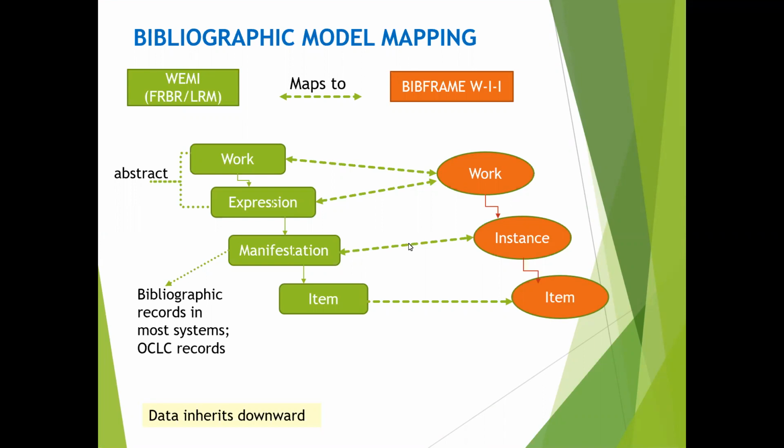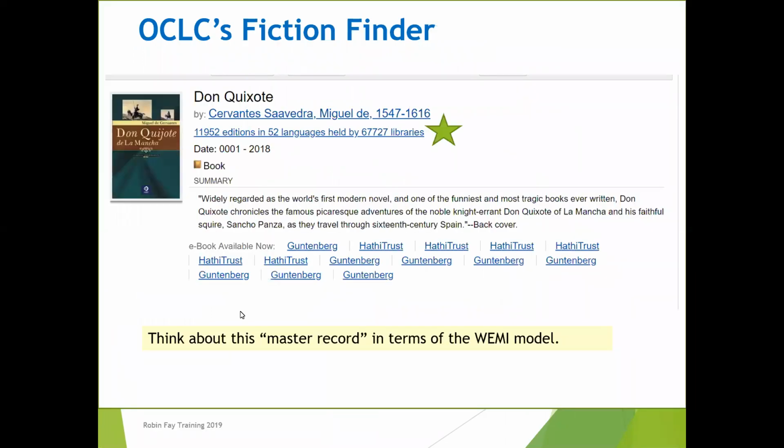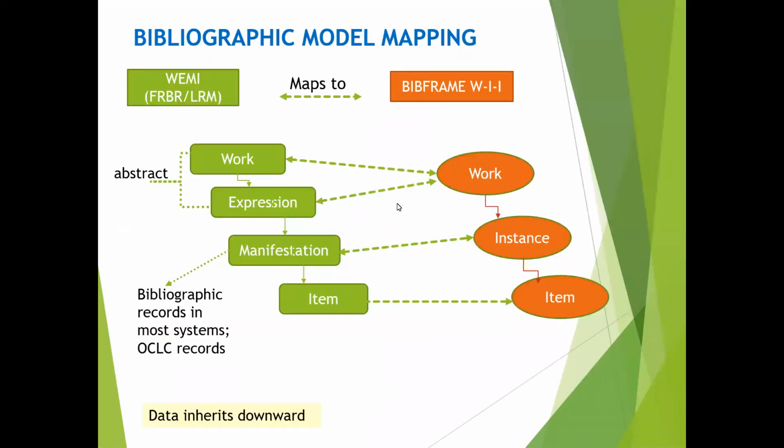But for those of us who are doing daily cataloging, work and expression are abstract concepts. As we can see here with this master record approach, there's no one book that covers 111,952 editions. This is a record that's a composite, pulling out the things that are in common and then telling how many editions there are across that landscape.